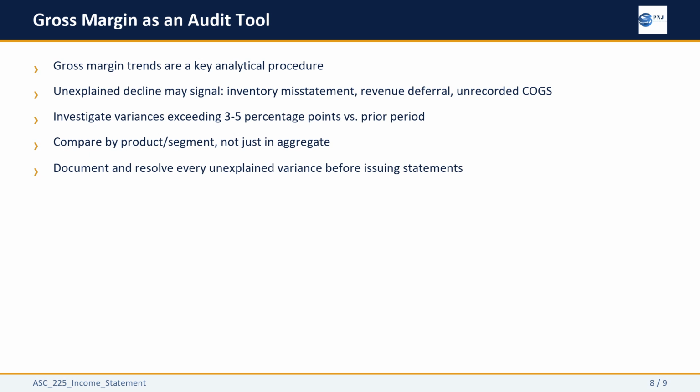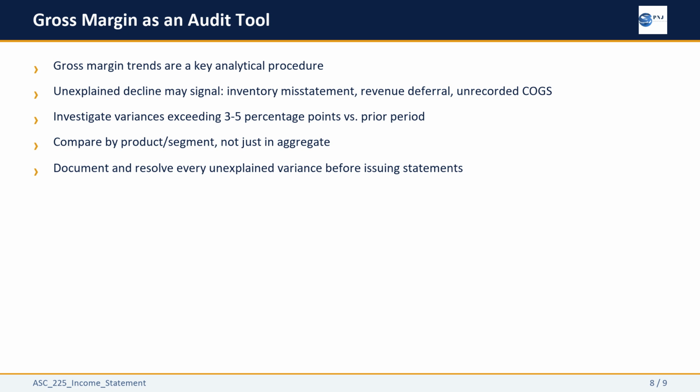Here is something every team member should internalize. Gross margin is not just a reporting metric. It is one of your most powerful audit tools. When gross margin declines significantly without a clear explanation, something is wrong. It could be inventory that has been overstated. It could be revenue that was recognized too early and should have been deferred.